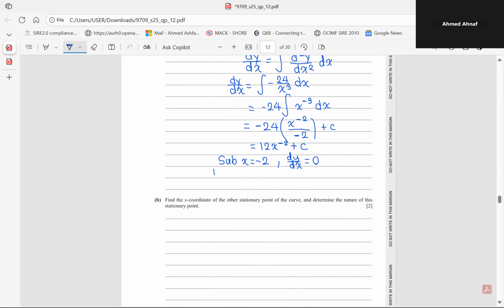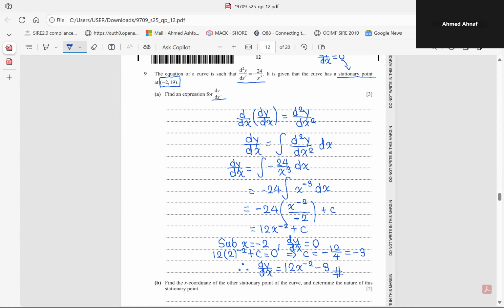So we will have 12 times 2 to the power of -2 plus c equals 0. So hence, c would be minus 12 over 4, which is -3. Hence, dy/dx is equal to 12x to the power of -2 minus 3. So this is our final answer for this part.